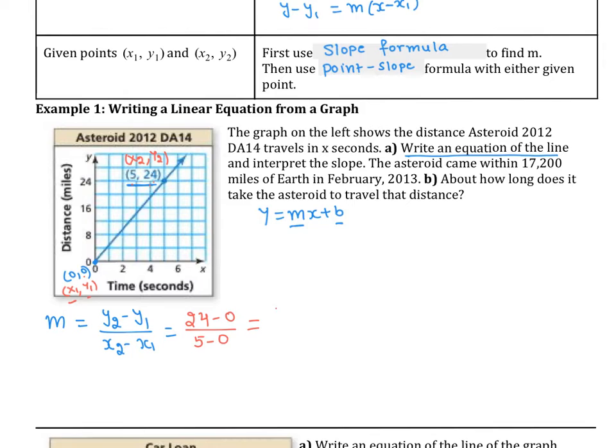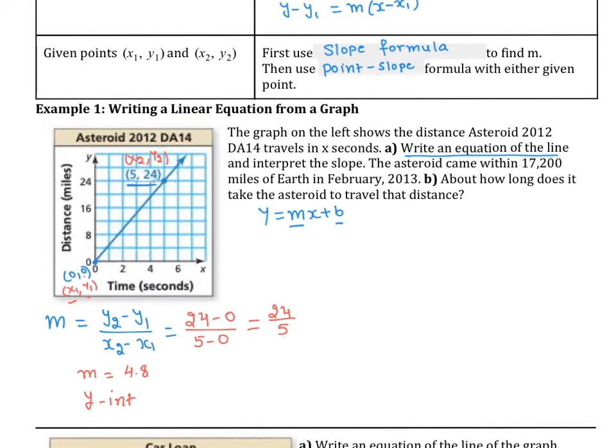So our slope is going to be 24 divided by 5. If we turn it into a decimal, it's going to be 4.8. So that's your slope. Now the y-intercept is the point when x is 0.